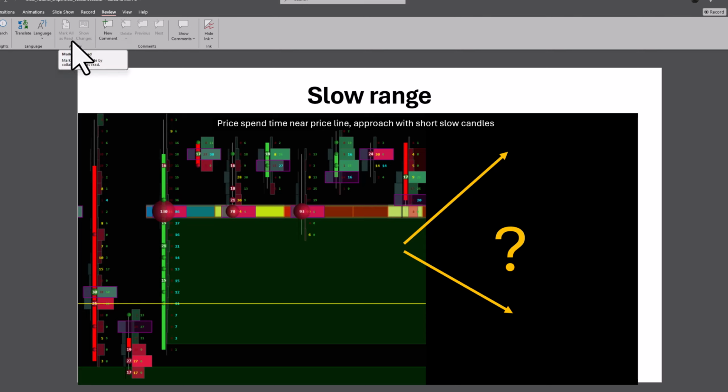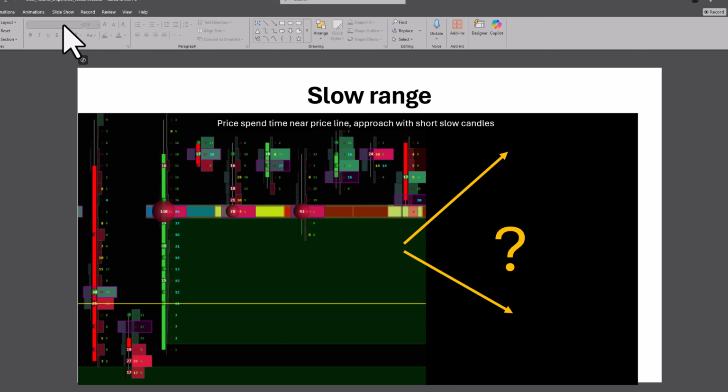Jeez, which one? This one? Oh, drawing. This one.